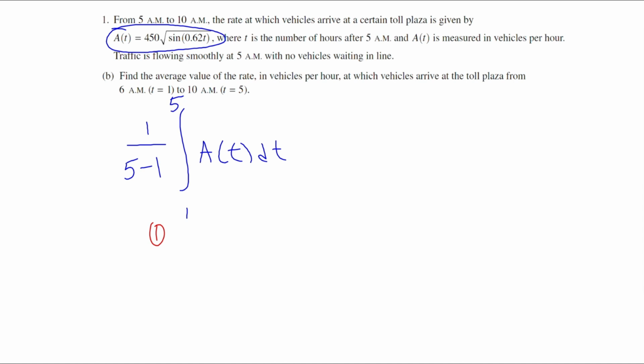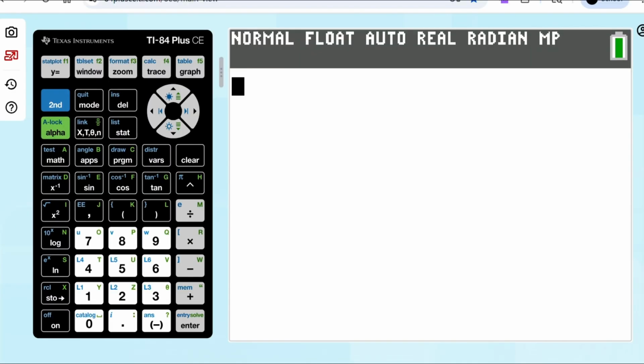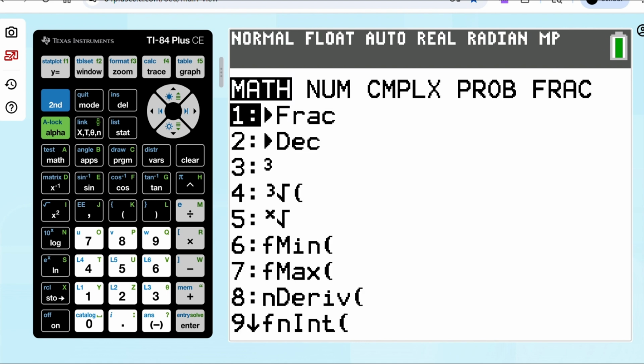And then they actually do want an answer this time. So we'll go ahead and plug this into our calculator. So we have 1/4 out in front, 1 over 5 minus 1. And we're going to do the integral, which is math, and it's option number 9 down here.